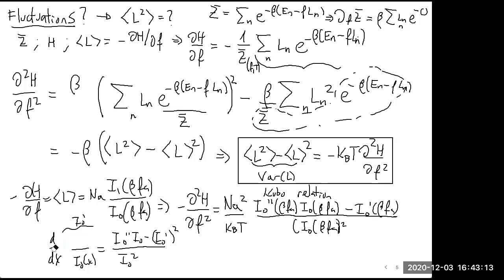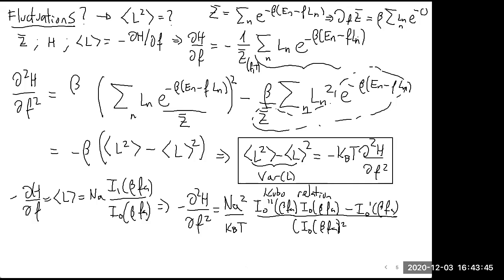So now we have the variance. This gives us the variance of the length of the polymer. Something I'd like to do before finishing is to see what the limit is when F is small. I guess we have minus I prime 0 squared, not only I prime 0.